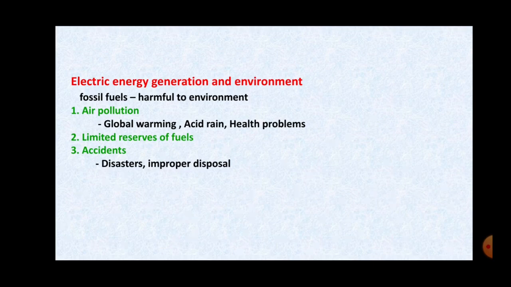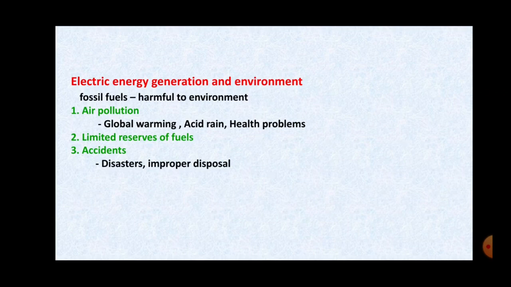We had come across these problems which are faced from these power plants, whether it is the first one, that is the generation of electricity based on thermal energy, where coal is used as a fuel, right?